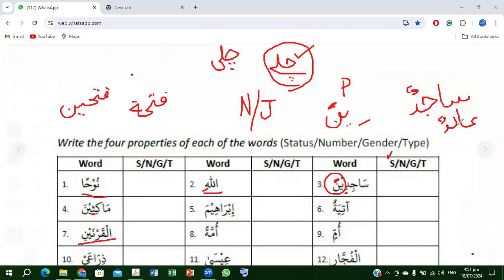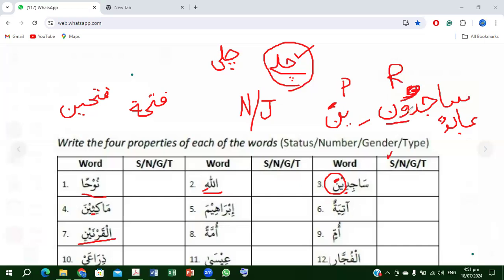So sajidun, the one who prostrates. If we want to make it plural, I say sajiduna, right? If it is sajiduna with wow noon, then there will be no double fatha, double dhamma, it will be single dhamma. Sajiduna means all those who prostrate. Wow noon is a sign of plural for rafa. Remember, this is for rafa.